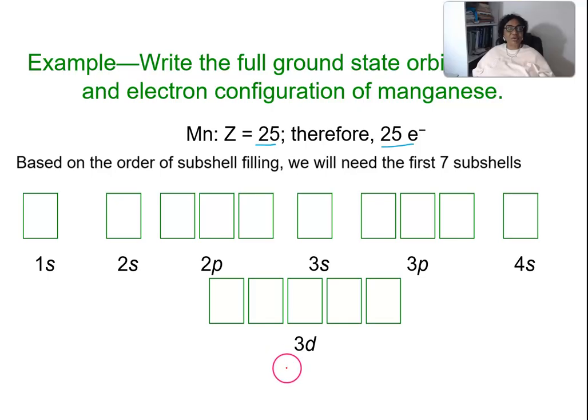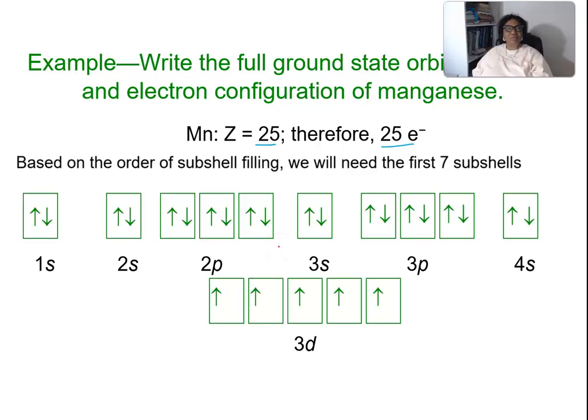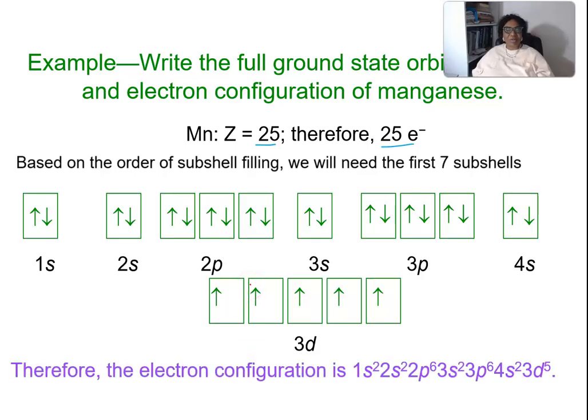It must be in this order. Then we start filling the electrons. So our electronic configuration is 1s2, 2s2, 2p6, 3s2, 3p6, 4s2, 3d5 based on our rule.